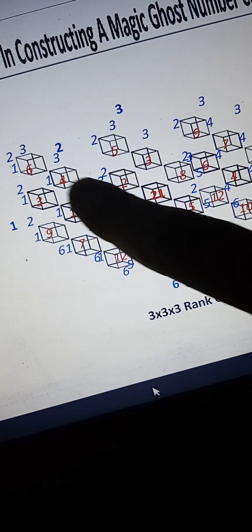I'll show you that in a second. 6 and 6 is also 12 on both sides. 5 and 11 is 16 on both sides. 8 and 8 is 16 on both sides. And 4 and 10 is 14 on both sides. And same as 7 and 7 is 14 on both sides. Now I'll show you what I mean by all that.